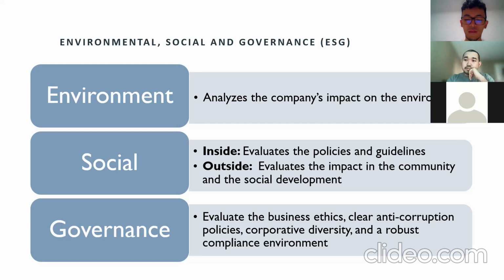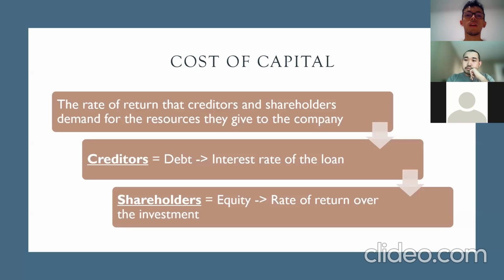Continue. This is the first main concept that we are going to talk about. The second one is the cost of capital. In a very brief way, the cost of capital is the rate of return that creditors and shareholders demand from the resources that they give to the company. It means that if a company needs resources, they can get them in 2 ways.